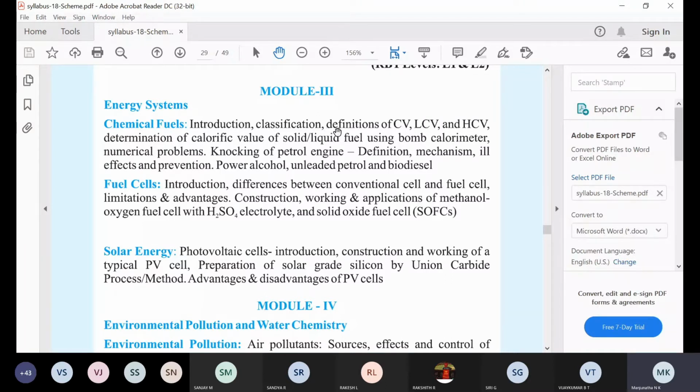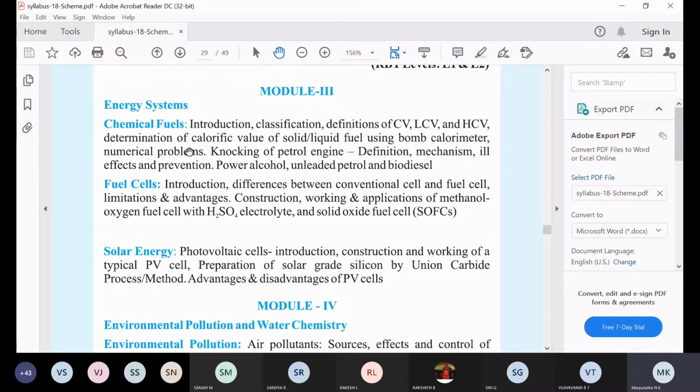In calorific value we are going to discuss two types, lower calorific value and higher calorific value. Next, we are going to discuss the determination of calorific value by using an instrument called a bomb calorimeter, and numericals on the basis of calorific value.